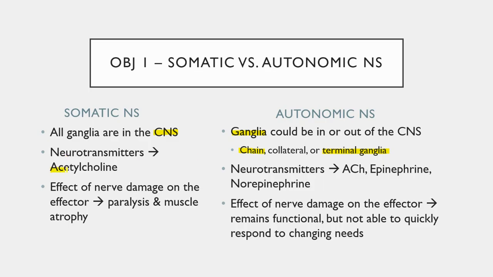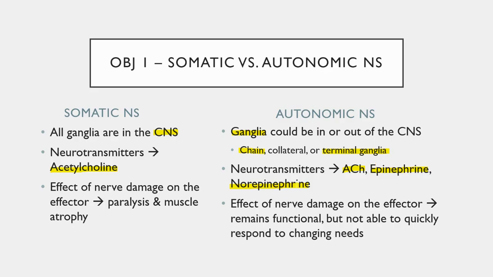The neurotransmitters are a little bit different. When we're stimulating muscles, it's always going to be acetylcholine. We saw that in the steps of a muscle contraction. It was always acetylcholine that was being released into the synapse and binding to the muscle cell. And then with your autonomic nervous system, it could be acetylcholine. It could also be epinephrine or norepinephrine. And another name for these are adrenaline and noradrenaline. So just know that they're the same thing, just different names.